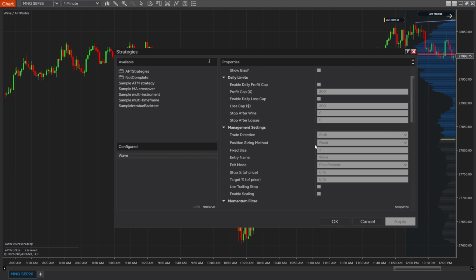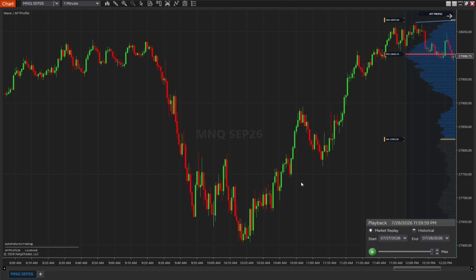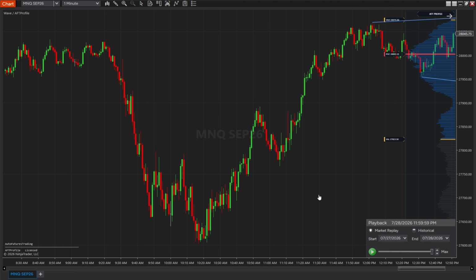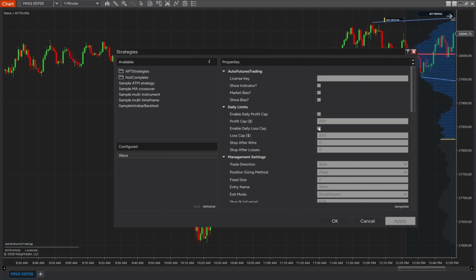The optional scaling can close part of the position after price reaches a selected portion of the target, while an optional trailing feature can help protect progress after the movement develops. So if it's already gone too far, if there's a trade here, it might trail around here and it would scale out here. Wave also includes daily profit and loss limits, along with controls that pause new entries after a selected number of winning or losing trades, which is again the caps and the win and loss counts.